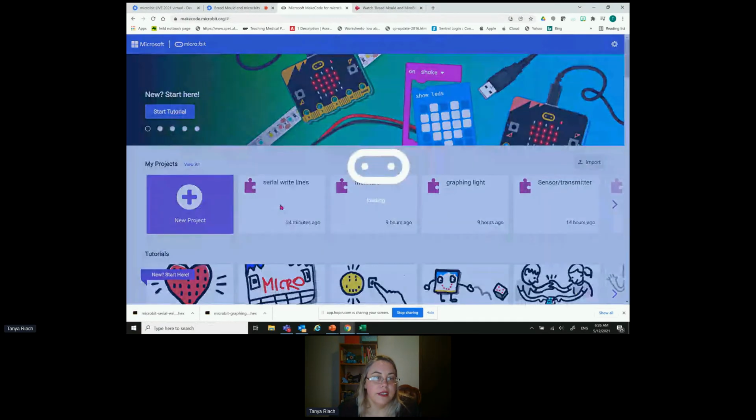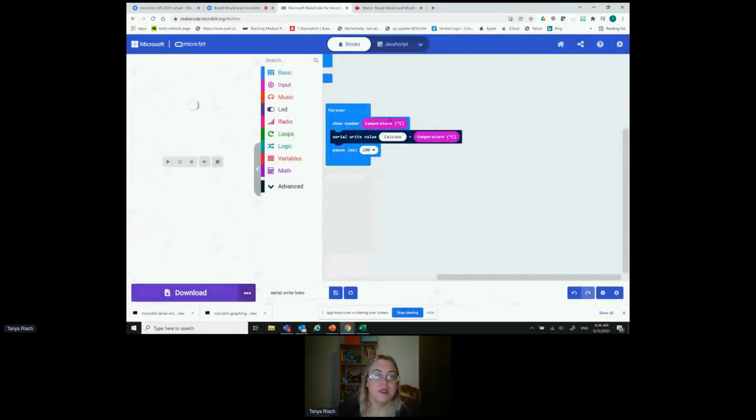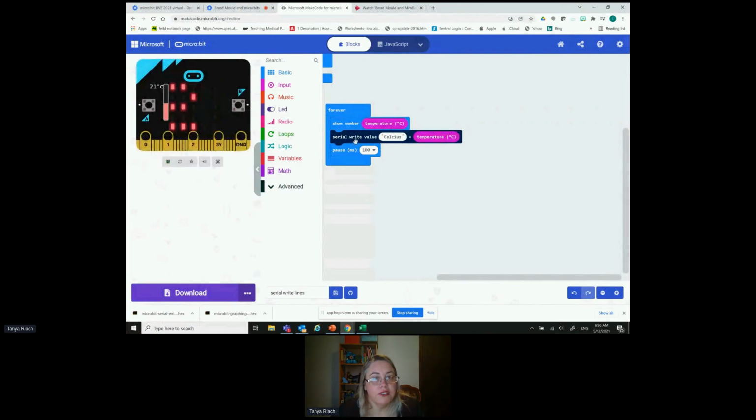But the second way was using the serial write value as well. They would look at the serial write value, have the number playing across the front of the microbit, but also collecting the data as the serial write value.